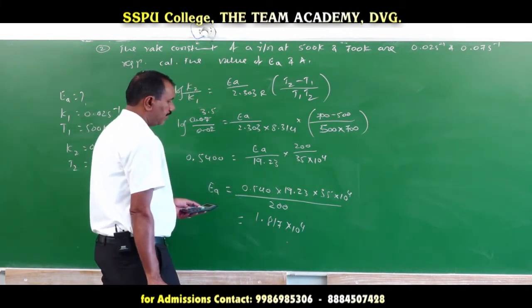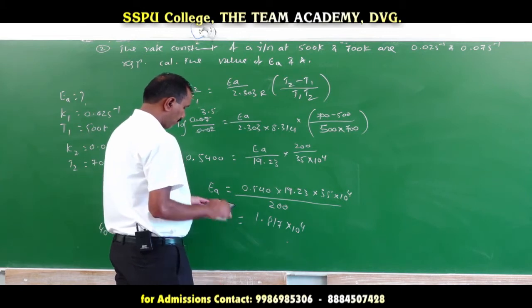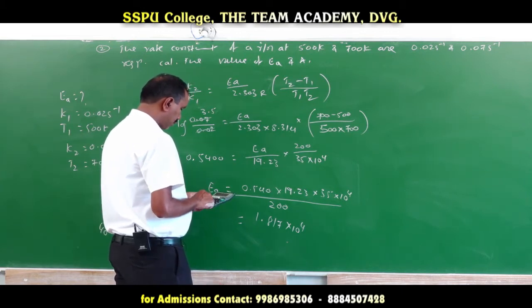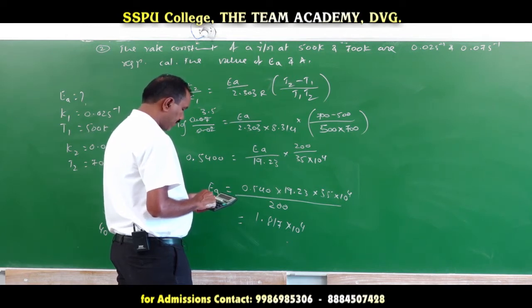Once again, 0.5 into 19.23 into 35 divided by 200.